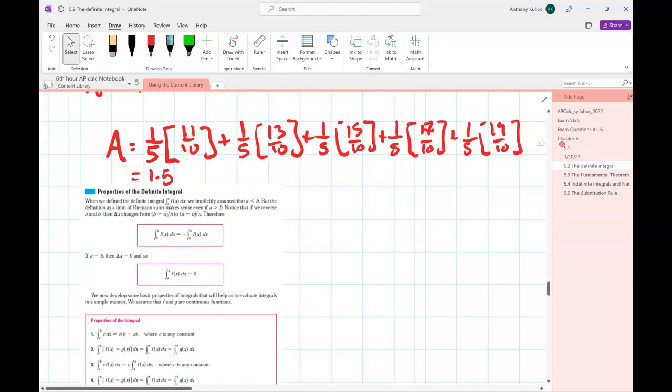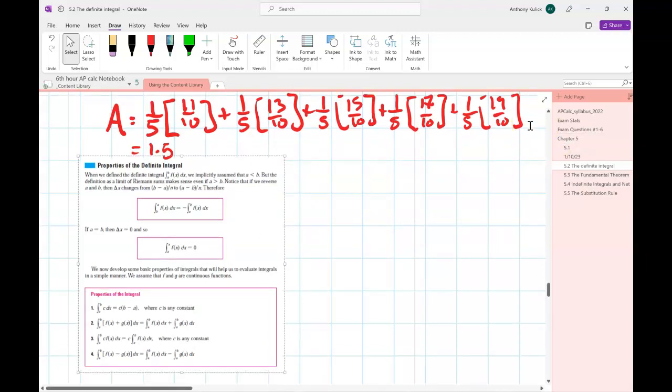All right. Now these properties that we're going to talk about, properties of definite integrals, will be useful here and will continue to be useful throughout the rest of the course. So these are properties that I would suggest you need to memorize.